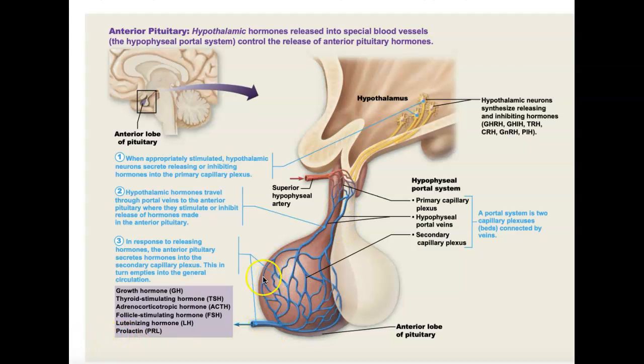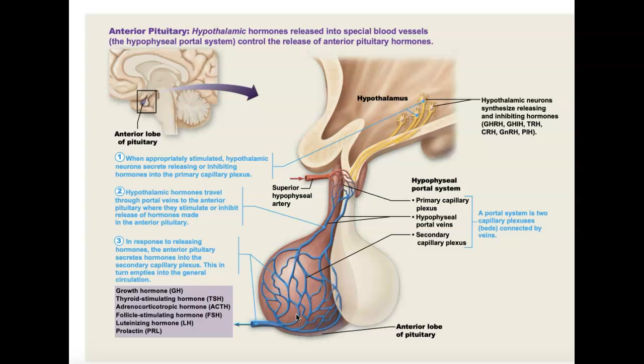So the anterior pituitary is going to secrete several hormones: growth hormone, thyroid stimulating hormone. If you take a moment to think about that, it does just what it says, stimulates the thyroid. Adrenocorticotropic hormone, follicle stimulating hormone, luteinizing hormone, and prolactin.